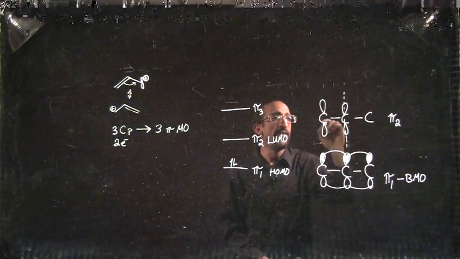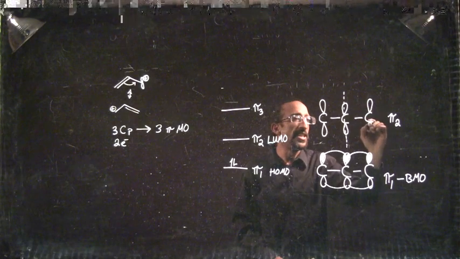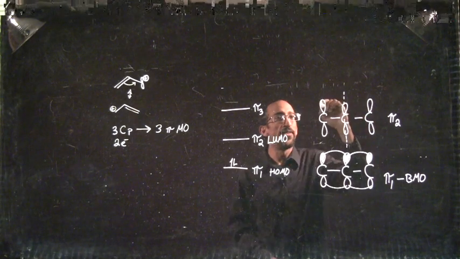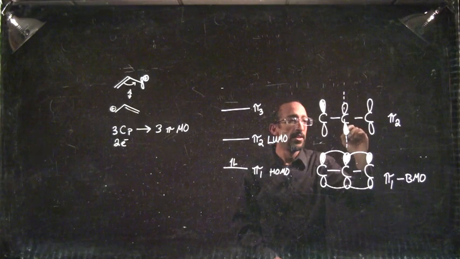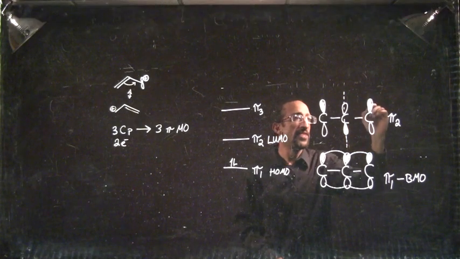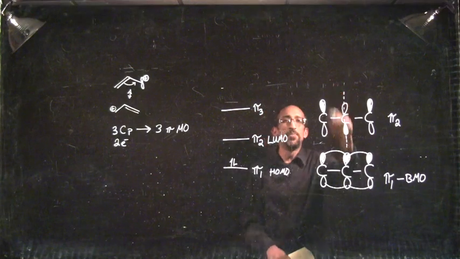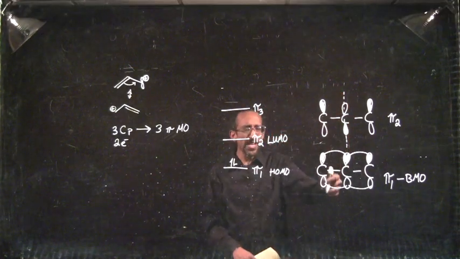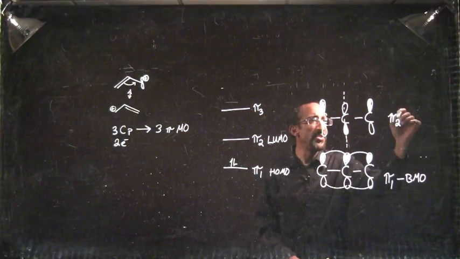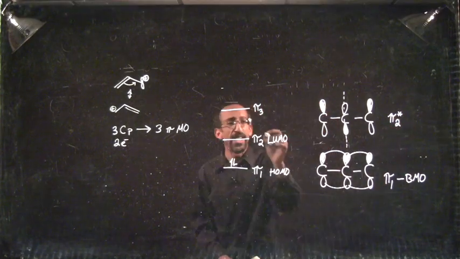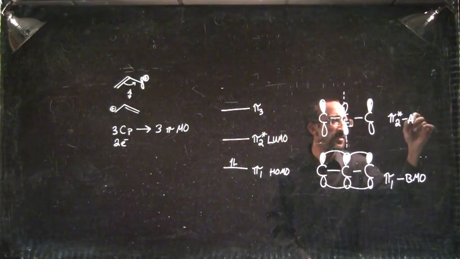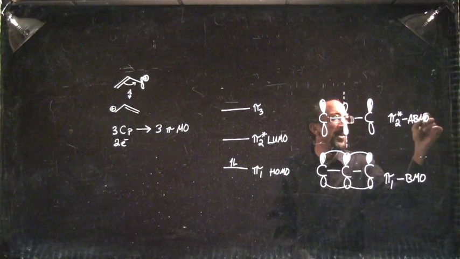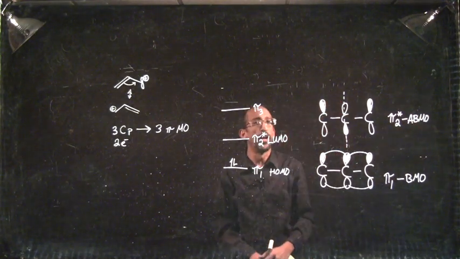And we have no bonding interactions whatsoever. We just shade opposite each of these, right? But there are no bonding interactions in pi 2, which means that pi 2 is going to be an anti-bonding molecular orbital. And we can designate that as pi 2 star.